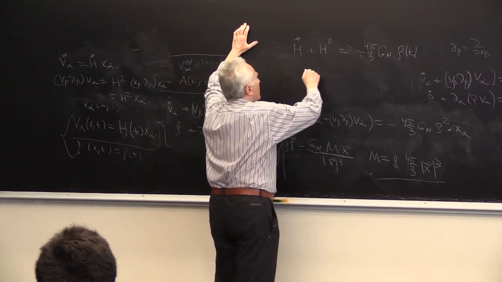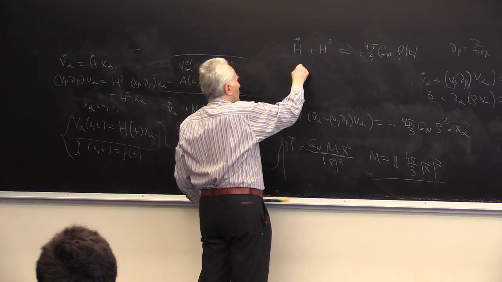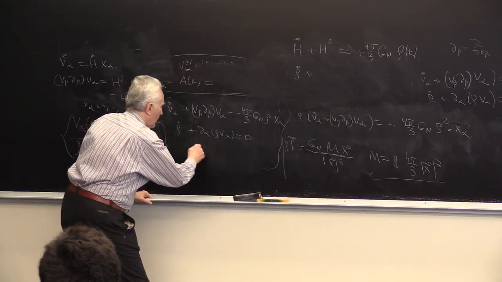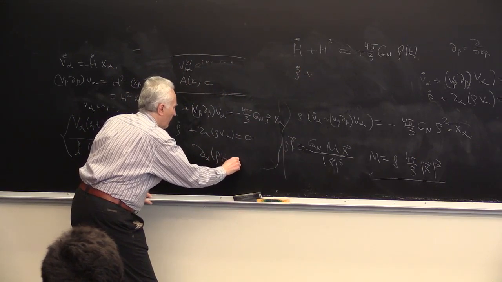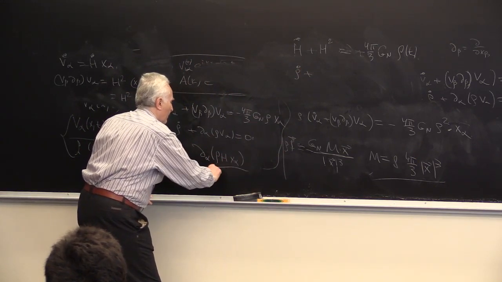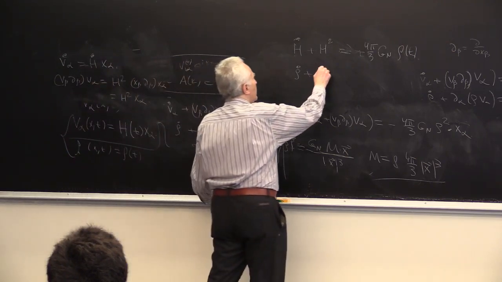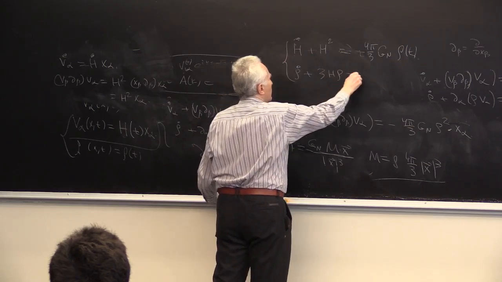Now, with the continuity equation, we have the first term, which is rho dot. Now we have the second term, which is this. And this is simply 3h rho, and it's equal to 0.